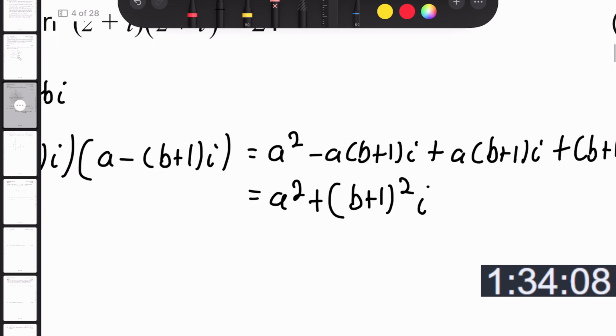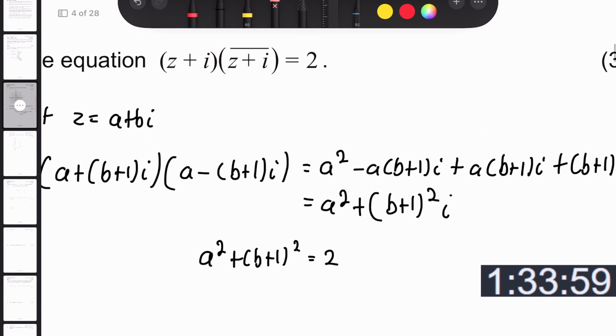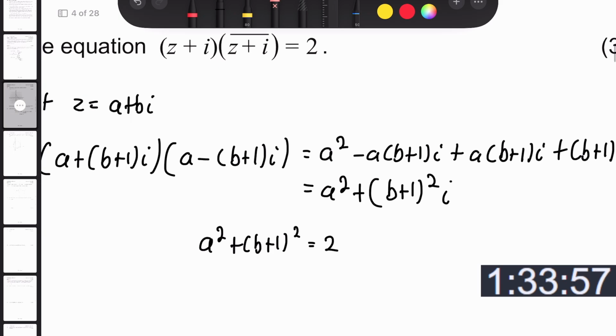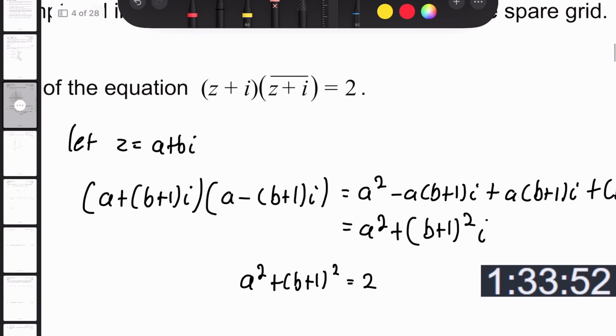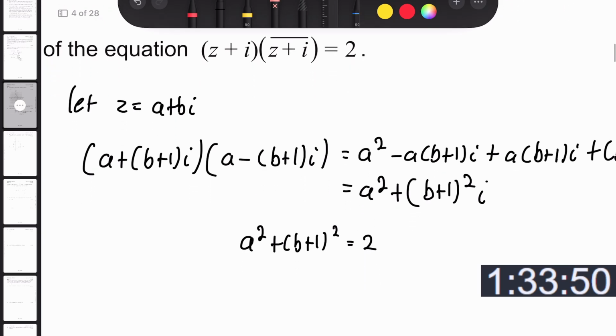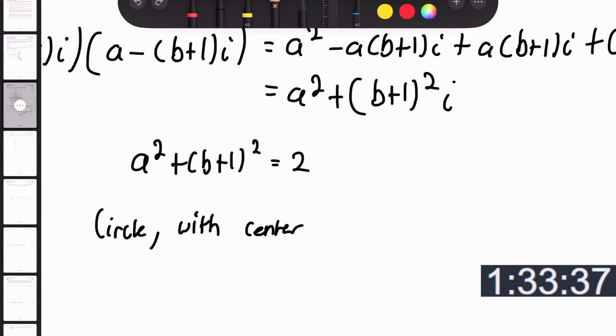So if I say that this is equal to 2, this is a circle with center, because if you imagine that as x and that as y.